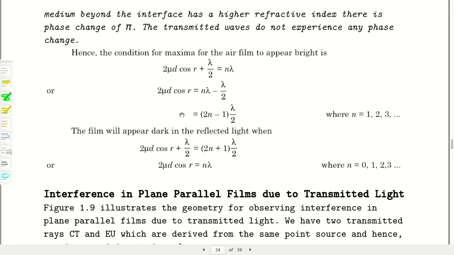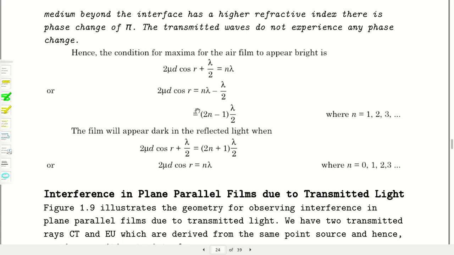So this is the condition for maxima. It seems that the condition gets just reversed from what we have studied in the case of division of wavefront, but don't think so, because the conditions for maxima and minima are the same.